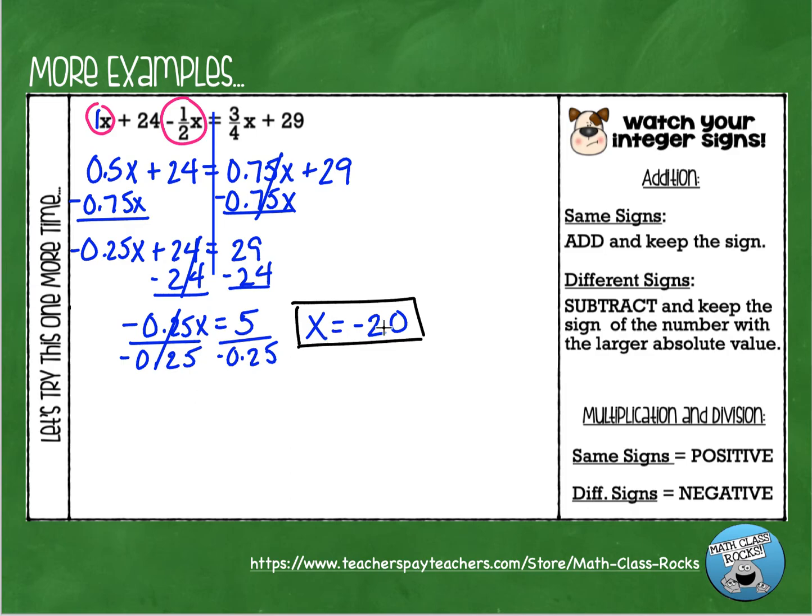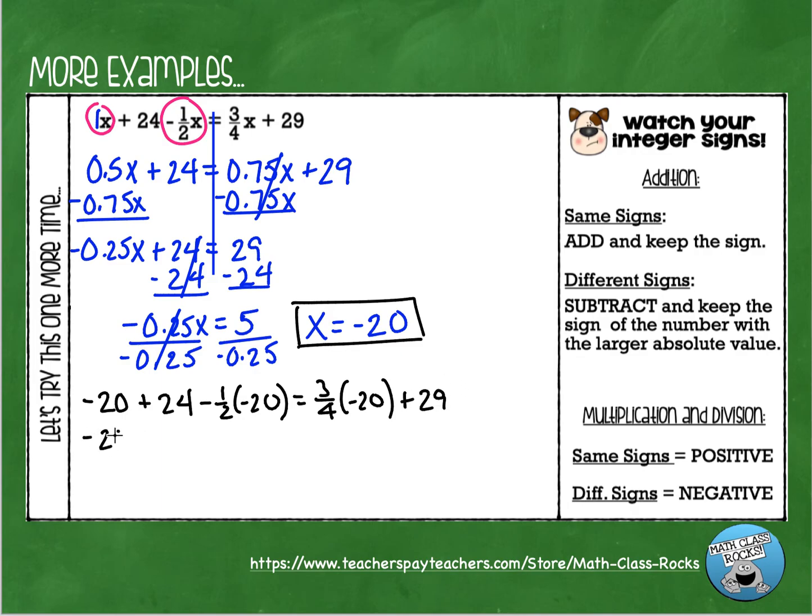I'm going to substitute negative 20 into my original equation. I have a lot of places to put it, right? So negative 20 plus 24 minus a half times negative 20 equals 3/4 times negative 20 plus 29. Okay, let's see.